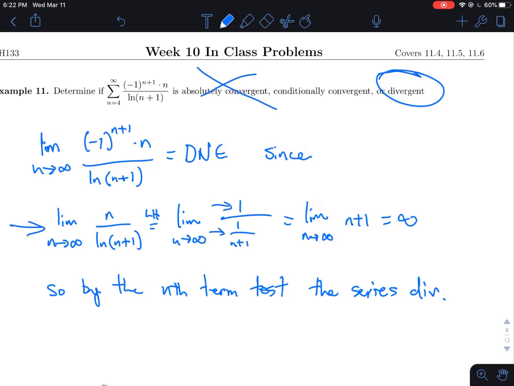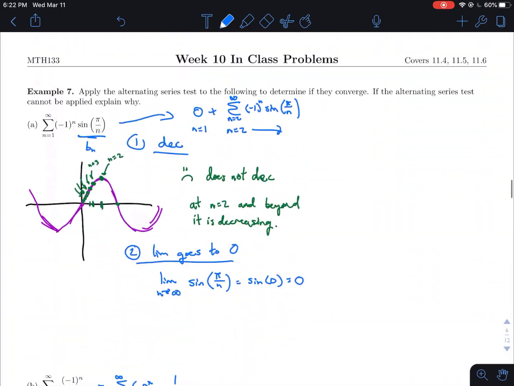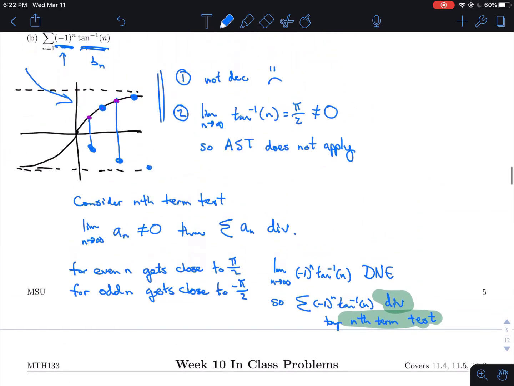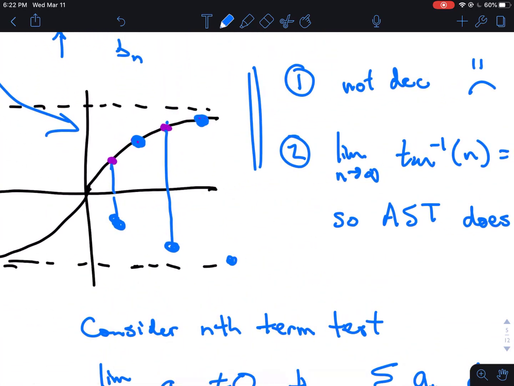And now we have to think about conditionally convergent. And we get a scenario that's very similar to this tangent inverse thing back here. Where was it? All the way back here. Now, instead of going off to pi over 2, though, it went off to infinity. And when you add in that alternating piece where it starts off negative, then positive, then negative, now positive, now negative, it's going to go back and forth between positive infinity and negative infinity.